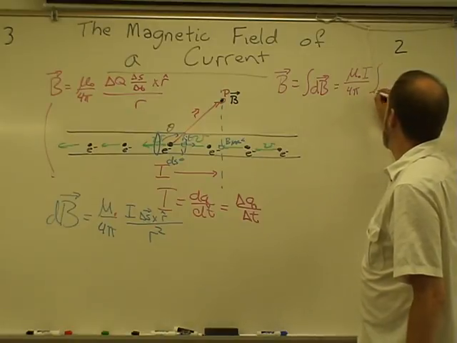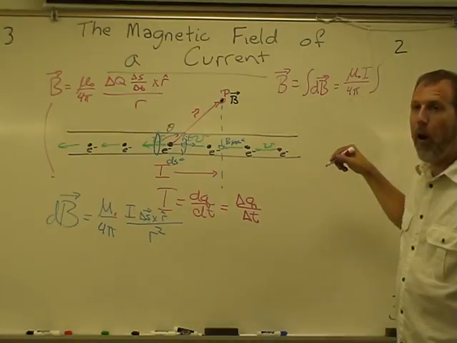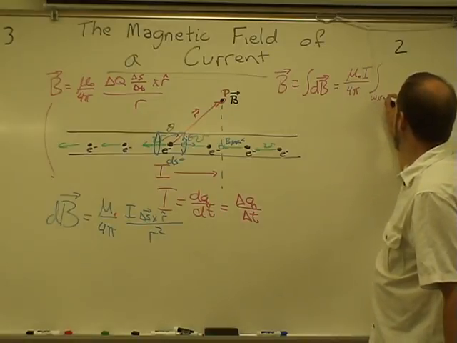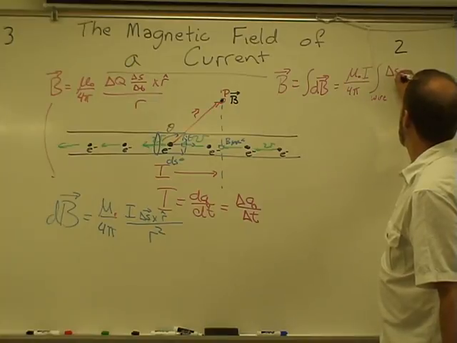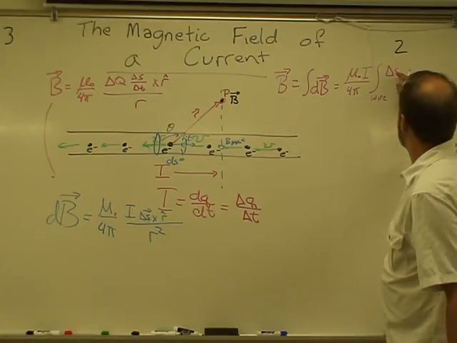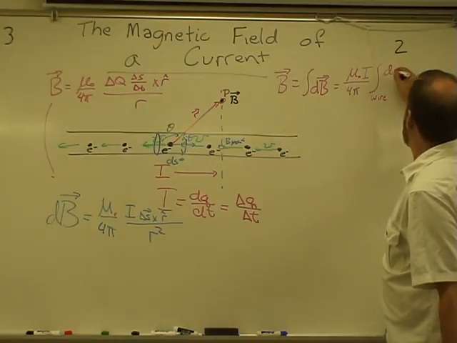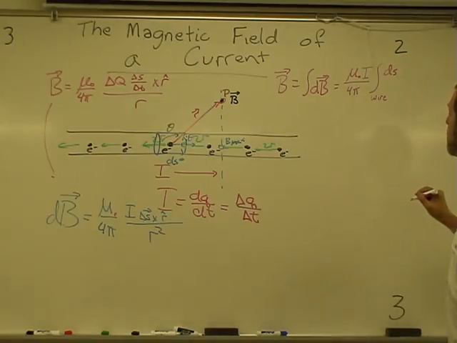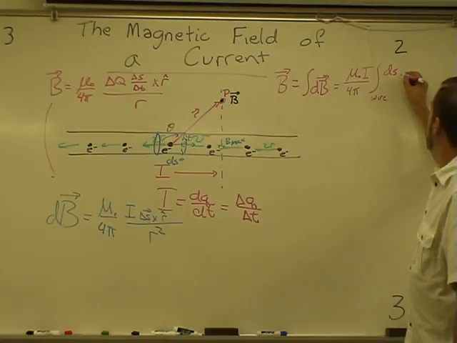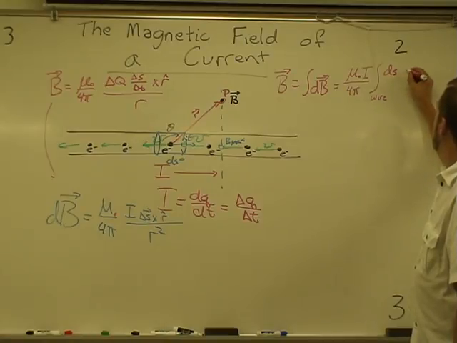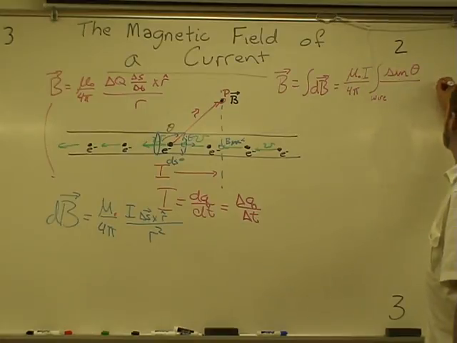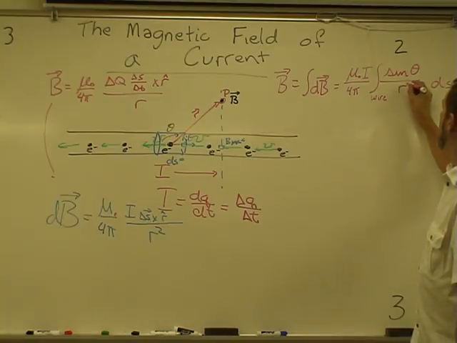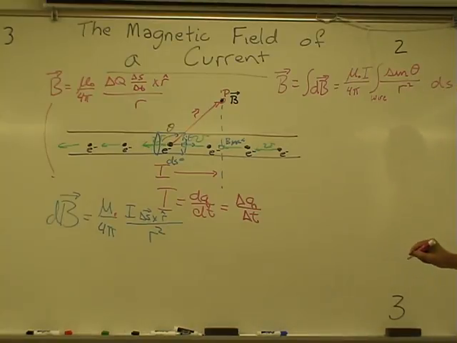And I have the integral over the wire of the differential distance piece, ds, times the sine of theta, divided by r squared.